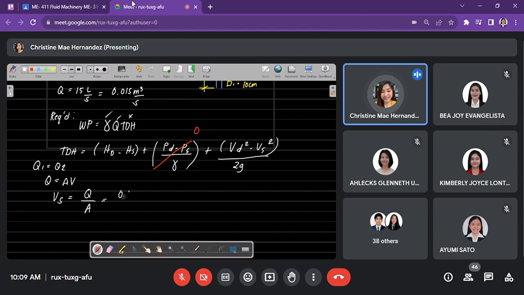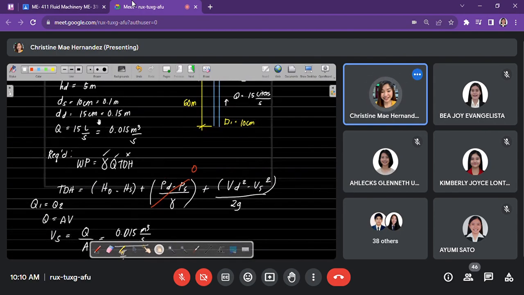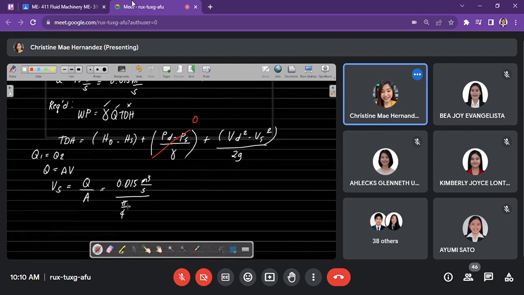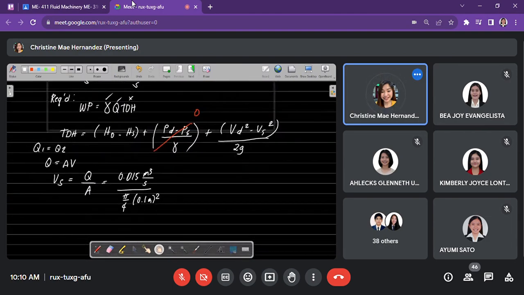So, 0.15 cubic meter per second over pi over 4 times the diameter at the suction, which is 0.1 meter squared. Tama ba?